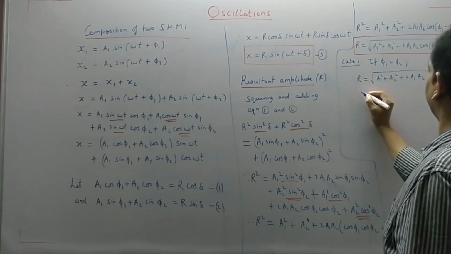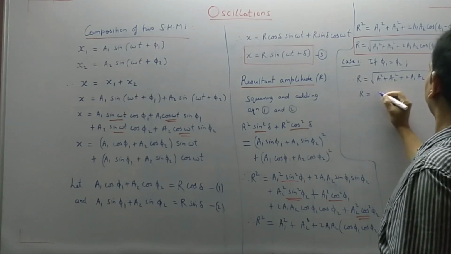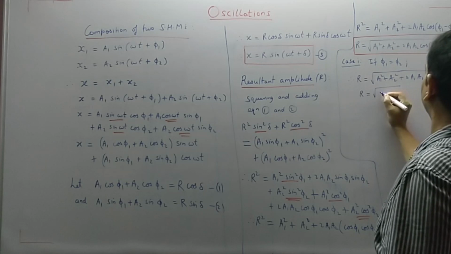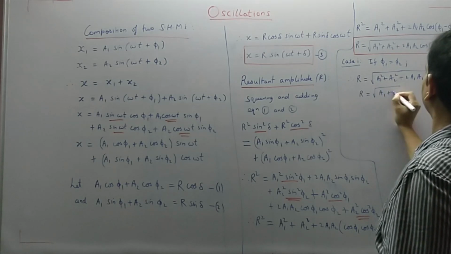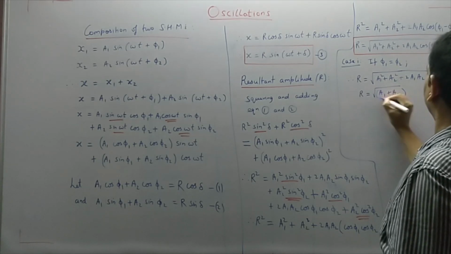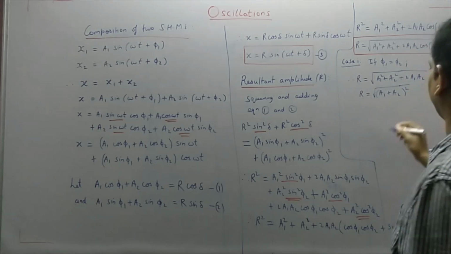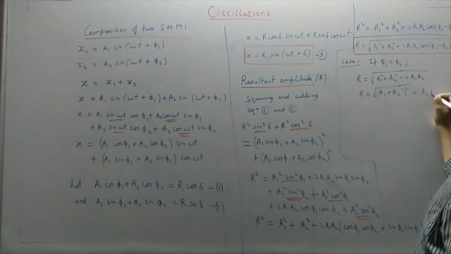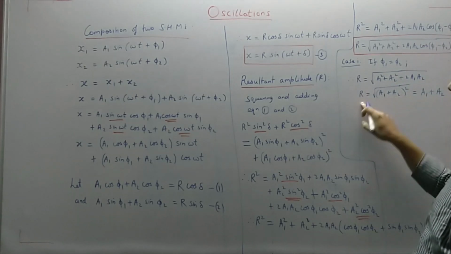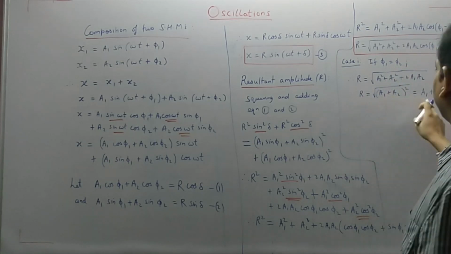They are in the same phase, so R is the square root of A1 plus A2 the whole squared; the square and square root cancel, and we get A1 plus A2. So if they are in the same phase, the resultant amplitude is directly A1 plus A2.